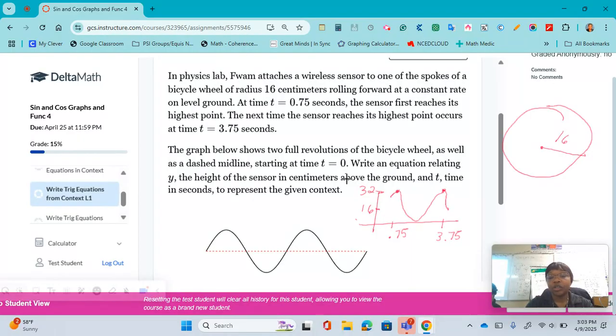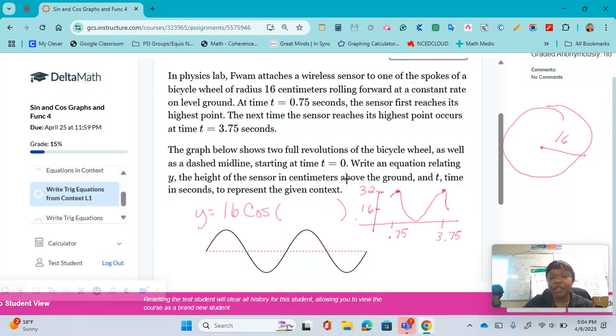Actually, we could just do the cosine. If we got maximum here, we know that cosine starts at maximum. So we have cosine, y equals. We have the amplitude of 16, so that would be in front of the cosine.